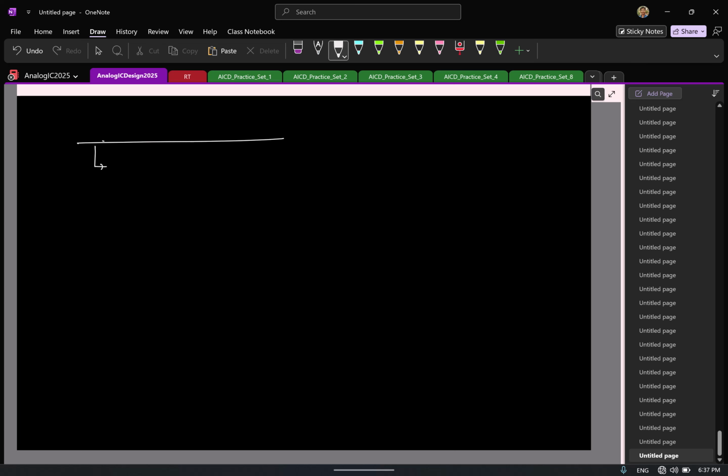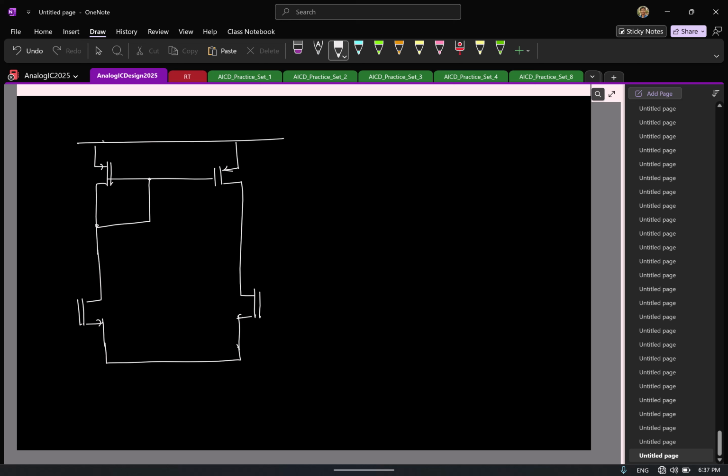So I'll quickly sketch it. So this is your PMOS stage, and you have diode connected it like this, and you have the NMOS diff pair. Let's say for now it's an ideal current source. This is going to be the output.